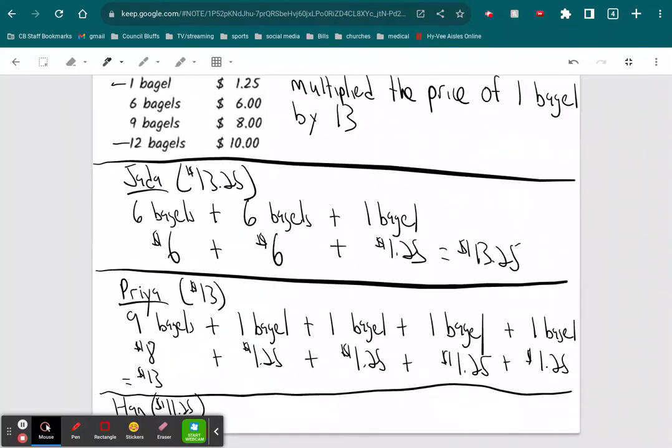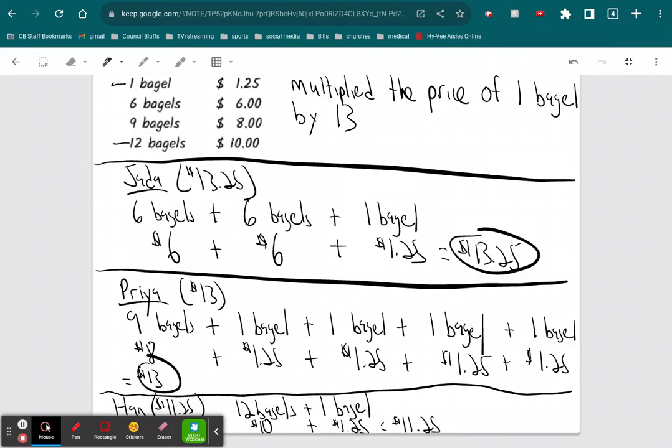Okay. So if I think of it as 12 bagels plus 1 bagel, okay, that's going to be $10 plus $1.25, which gives me $11.25.